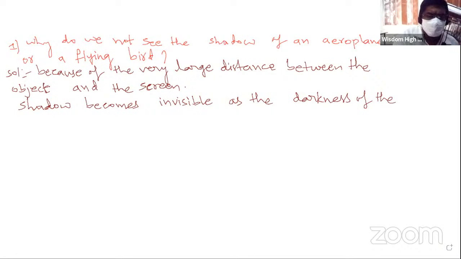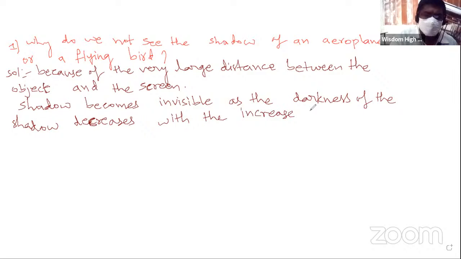Shadow becomes invisible as the darkness of the shadow decreases. Shadow decreases with the increase in the distance between the object and the screen.